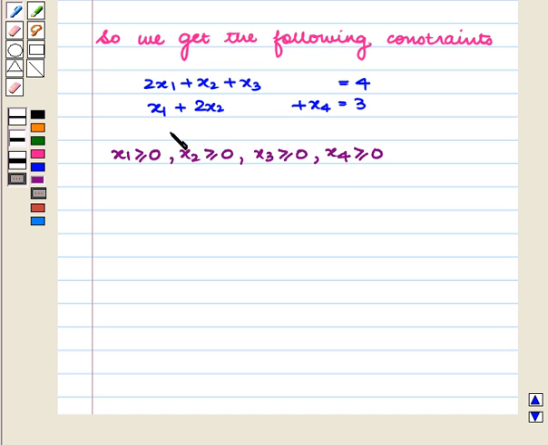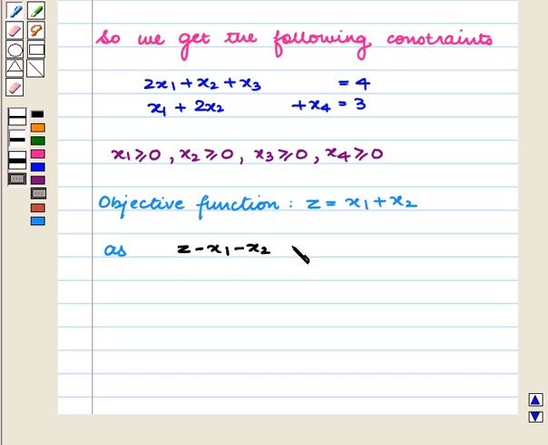Note that while writing these constraints, always write the same variable one below the other. Also, we can write the objective function z equal to x1 plus x2 as z minus x1 minus x2 equal to 0.